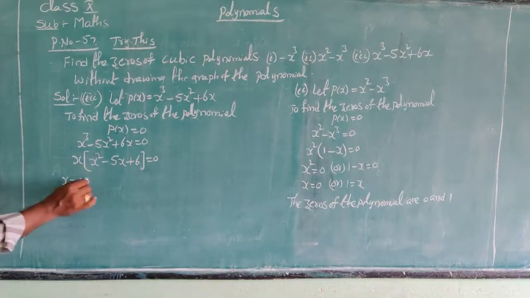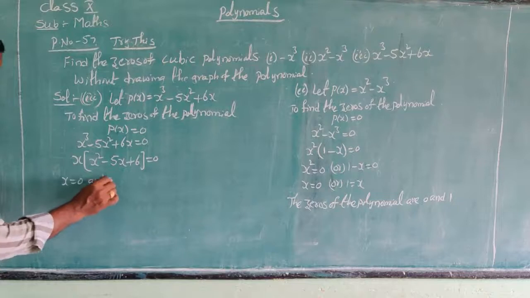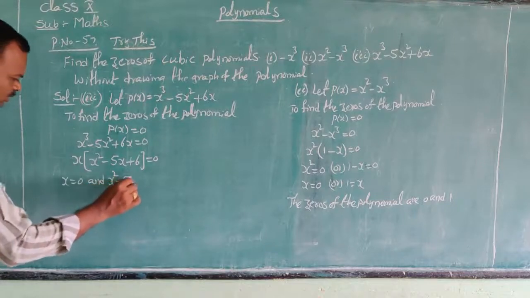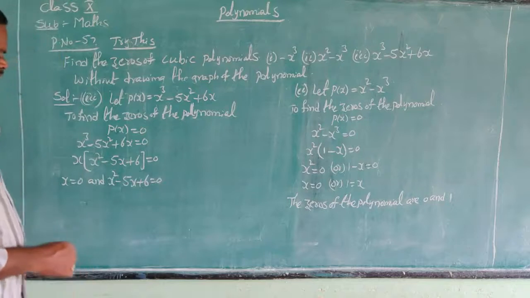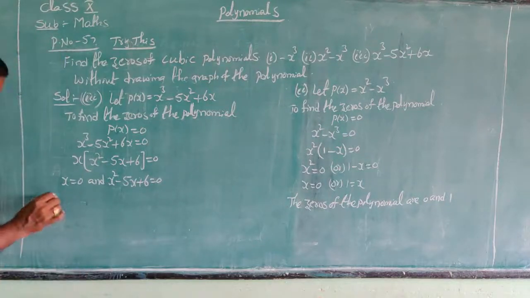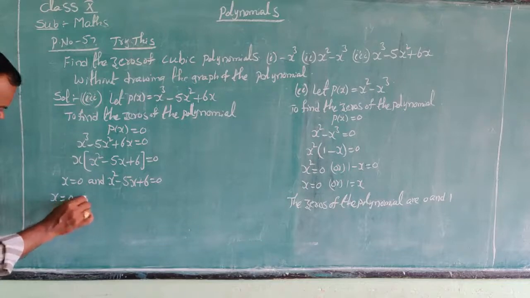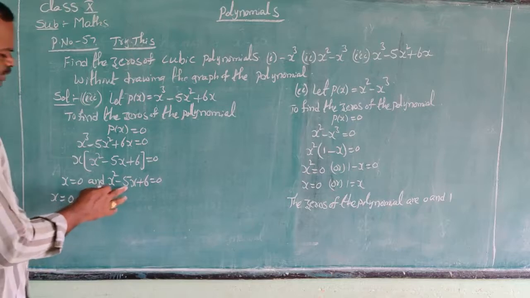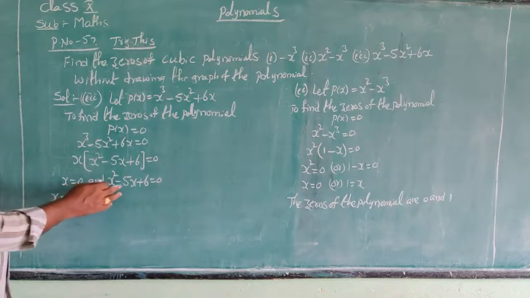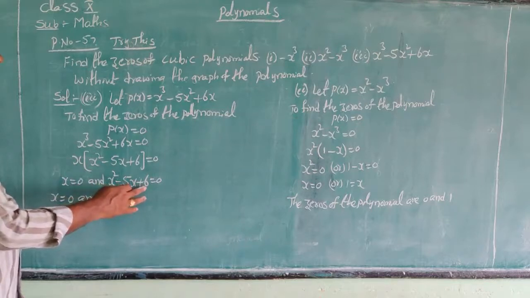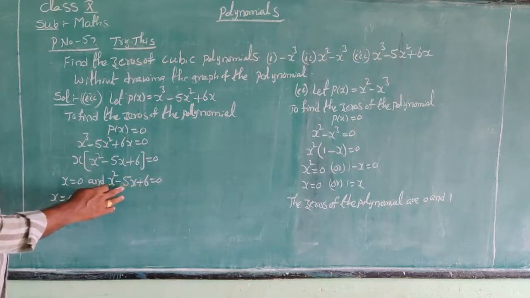That means x is equal to 0 and x square minus 5x plus 6 is equal to 0. We factorize this equation. We need two numbers whose product is 6 and whose sum is minus 5.